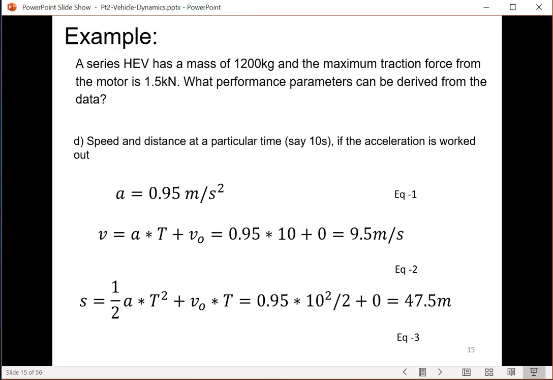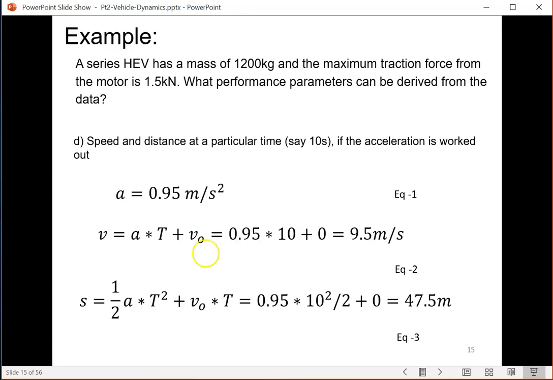It's another parameter people often quote in a car for performance. Say, how fast can you accelerate? In 10 seconds or in 6 seconds, you get to 100 km per hour or that kind of stuff. So let's say in 10 seconds, I want to find out what is the speed the car can achieve from standstill.